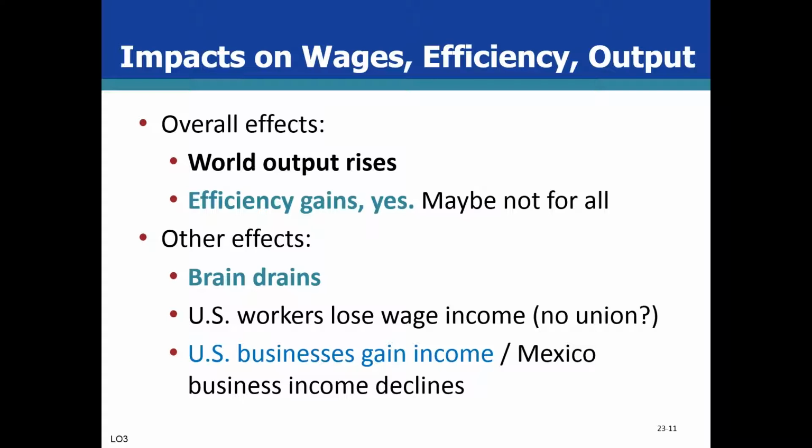So there would be efficiency gains, but maybe not the type of employment gains that the UAW would be looking for. It also may not be the perspective of certain agricultural unions in the United States.